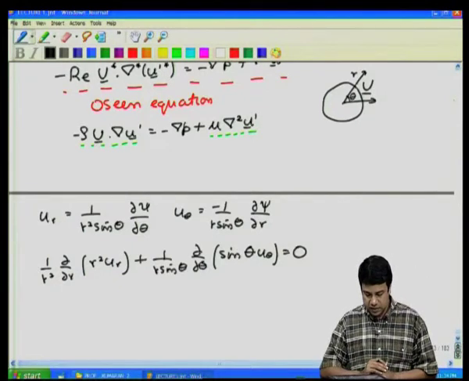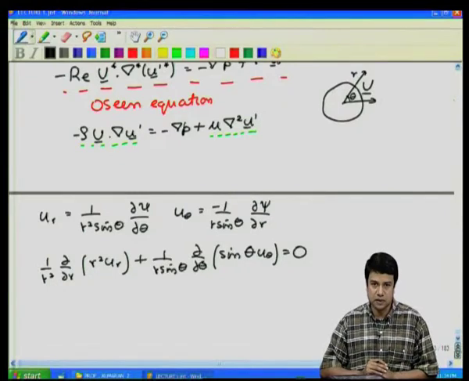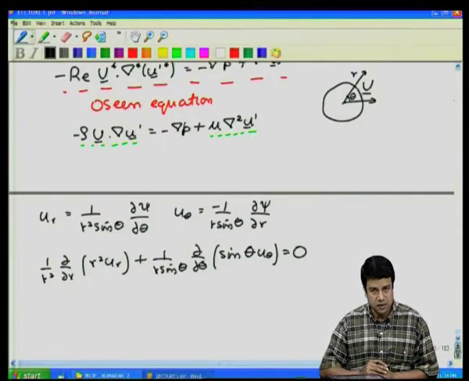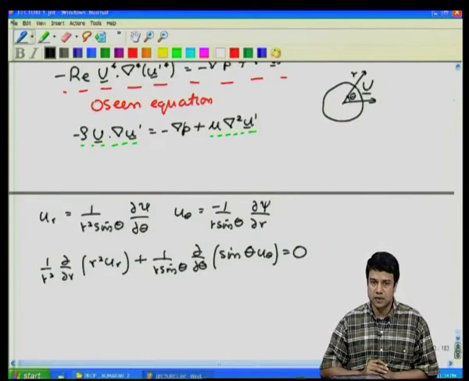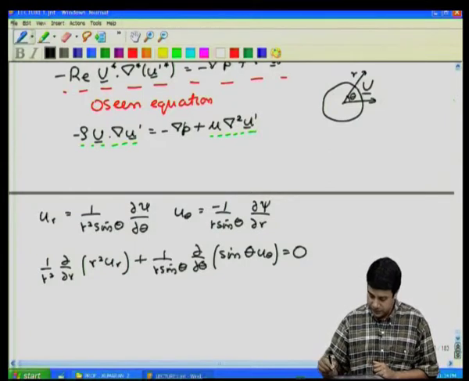So, this equation is identically satisfied with this formulation of u r and u theta in terms of the stream function. These are inserted into the conservation equations as usual, and you will end up with the Biharmonic Equation, which has to be solved analytically.